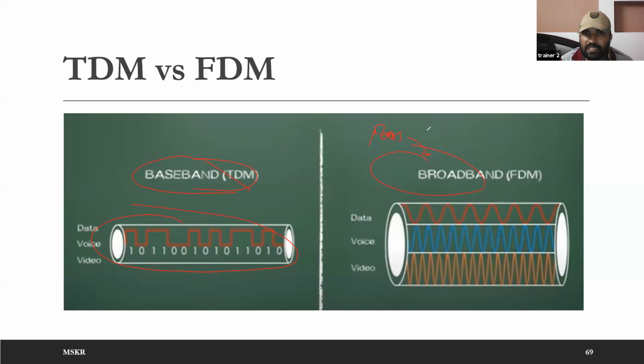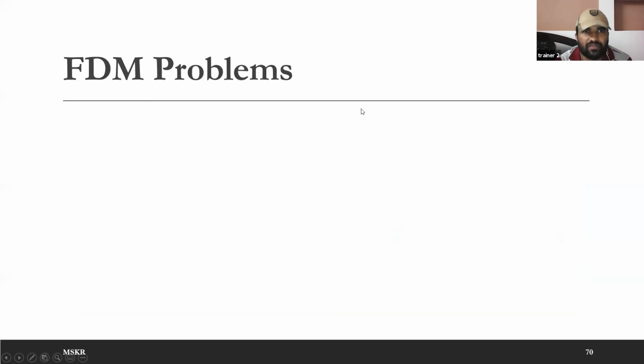In passband transmission, you will be seeing in analog communication, where you will be converting your data into high frequency signals and transmitting them. So in analog communications, you will be using FDM. In digital communication, you will be using TDM. So digital communication means normally baseband, analog communication means broadband. Okay, so that is about TDM versus FDM.